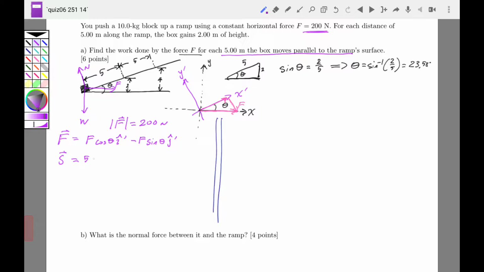So I'll leave off the units and significant figures, but it'll be 5 i hat prime. And so the work done by the applied force F is the vector F dotted into the displacement. That's F cosine theta i hat prime minus F sine theta j hat prime dotted into 5 i hat prime.